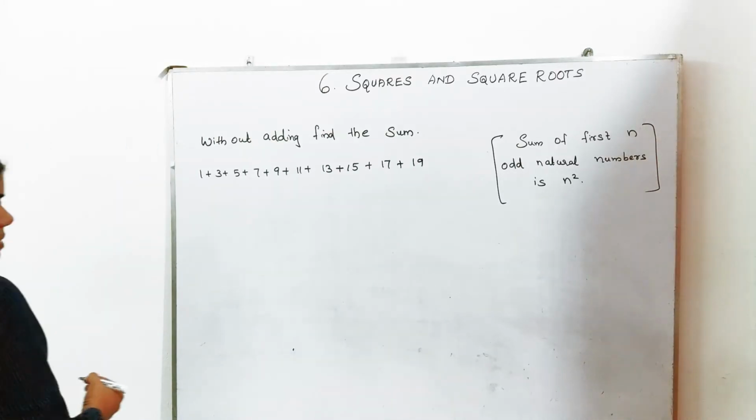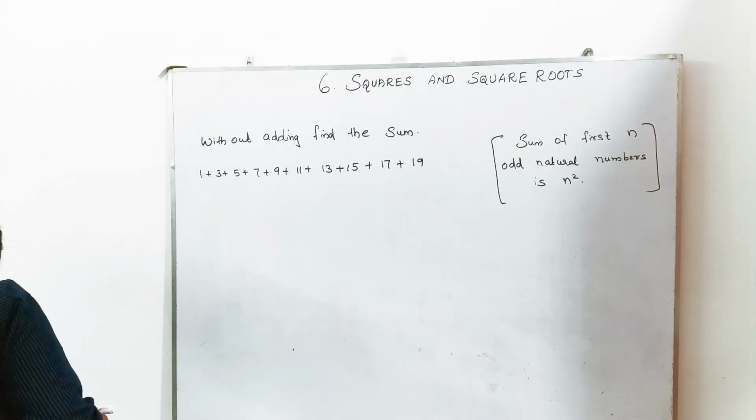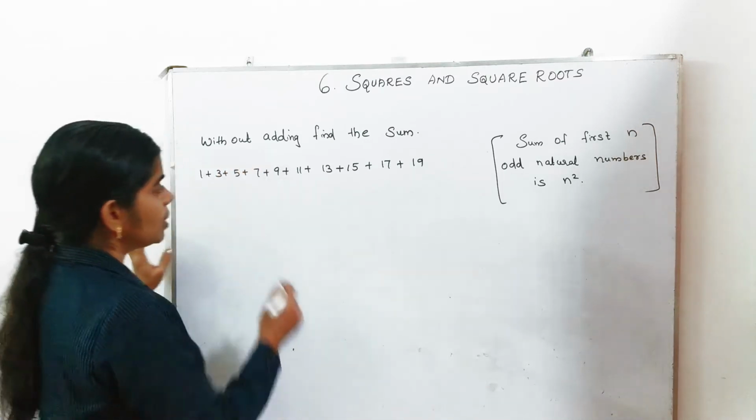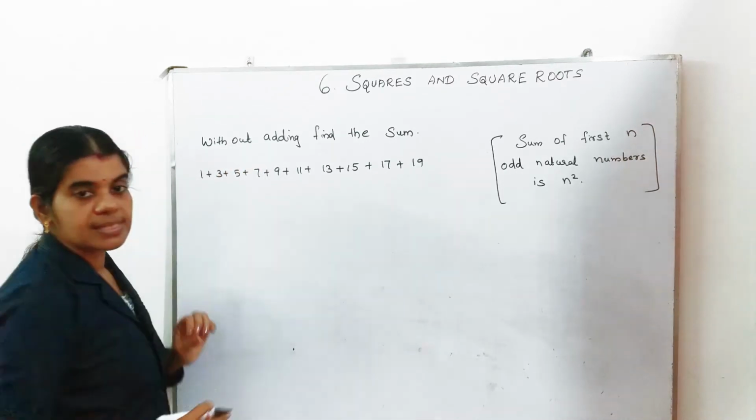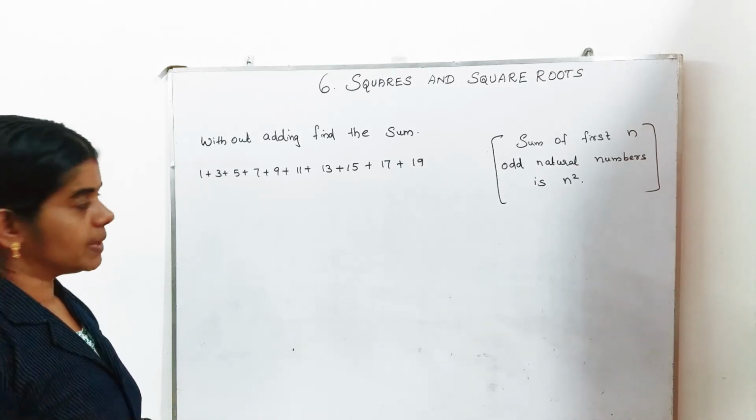By looking at this, you know that these are all successive odd numbers.